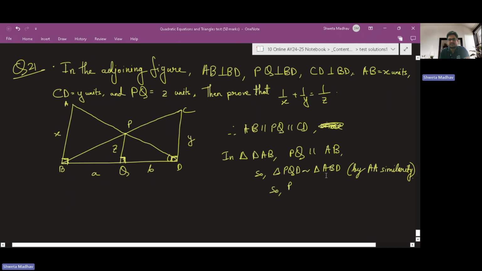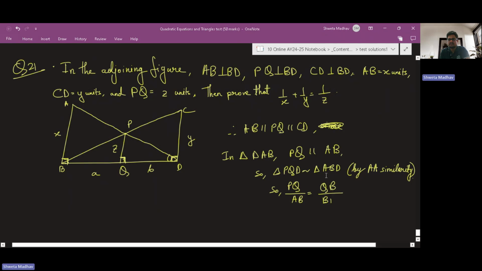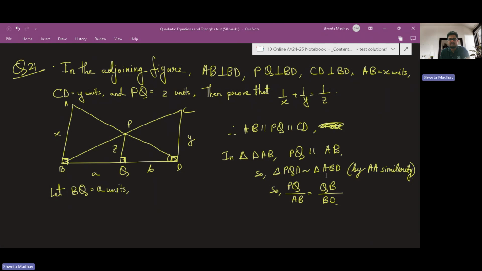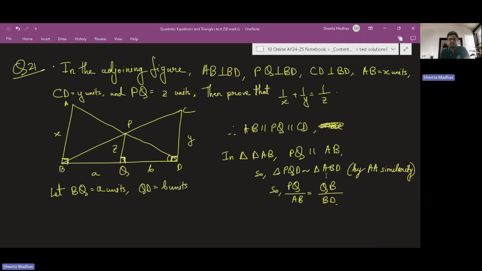So I can say that PQ by AB is equal to QD by BD. So let's say we took BQ is equal to A units and QD is equal to B units. So therefore BD is equal to BQ plus QD.